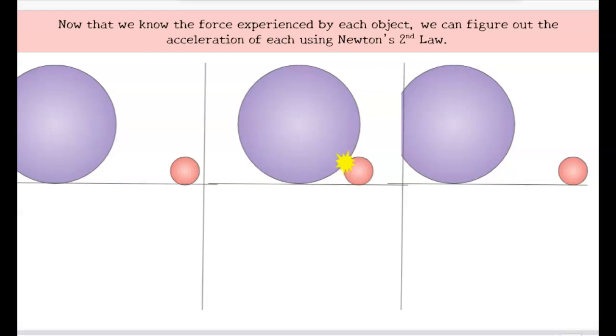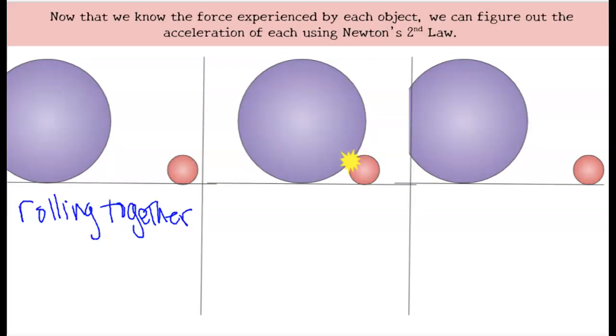So the middle panel is where these two very different mass objects collide, and it doesn't even matter if one is going fast or one is going slow. So whatever speed. And then they collide.